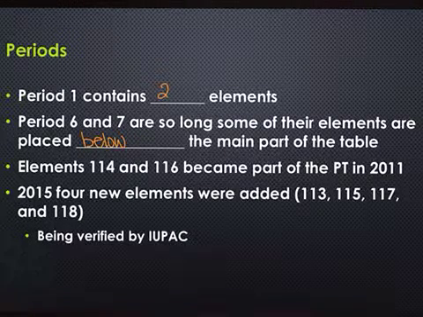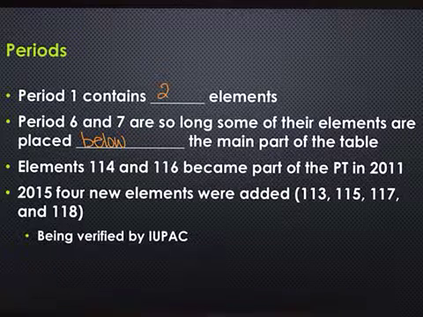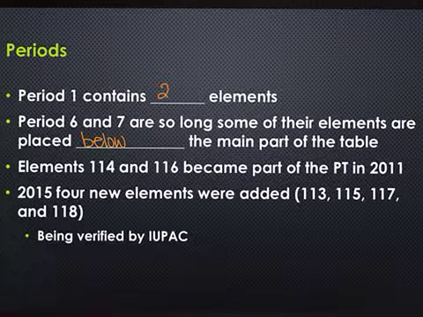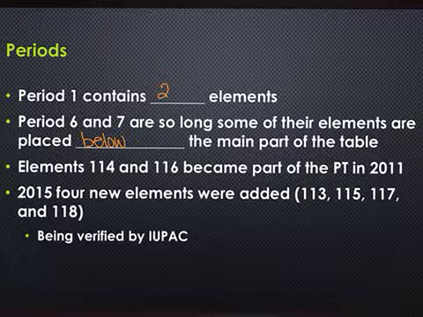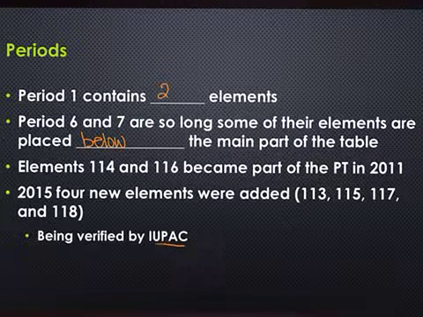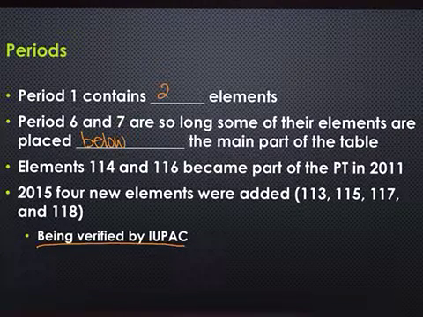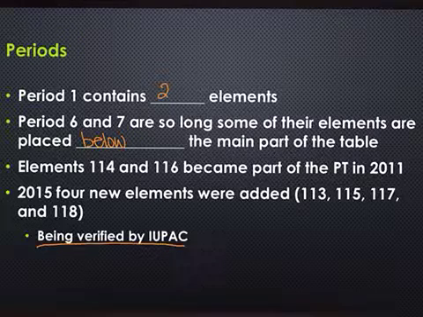Elements 114 and 116 became part of the periodic table in 2011. In 2015, 4 new elements were added, elements 113, 115, 117, and 118. However, they haven't officially been accepted by IUPAC.